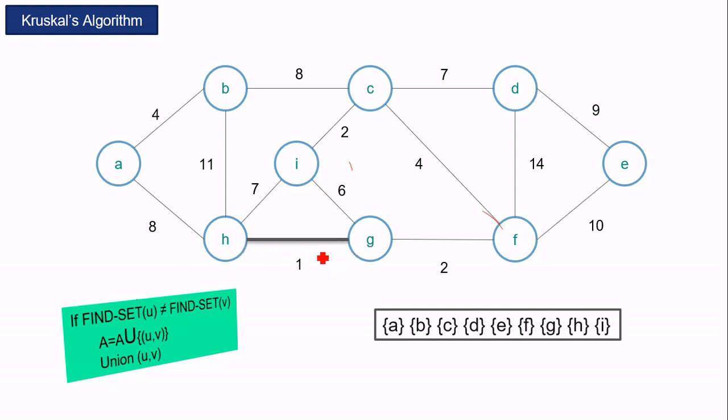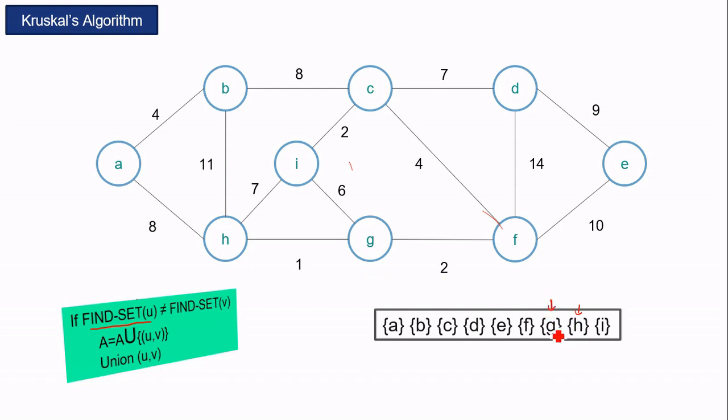Here I call the operation find set of u. First I will call find set of H; this is the set H. Then I will call find set of v. Here v is G; this is the set of G. You can see these are independent disjoint sets, so they are not common.